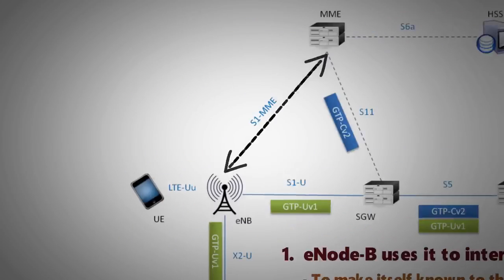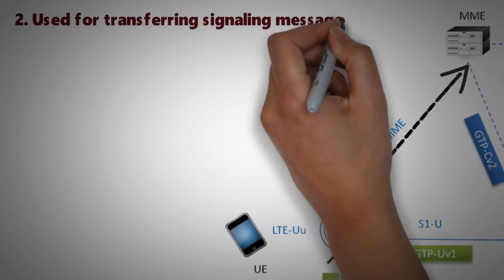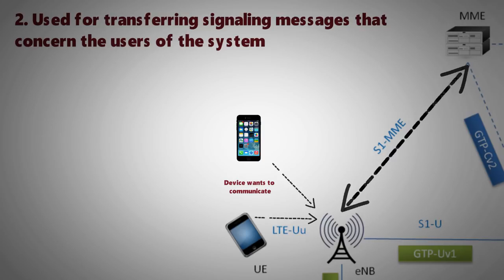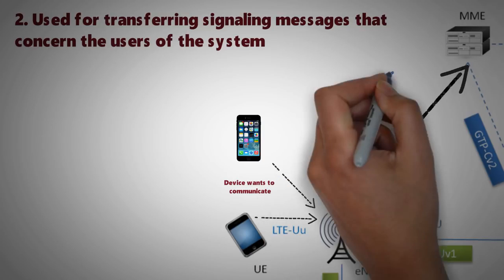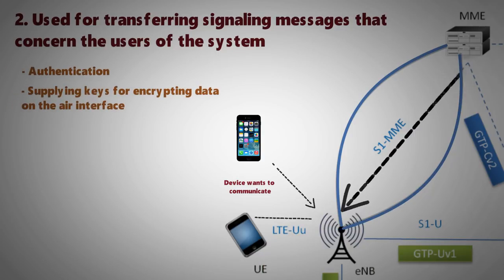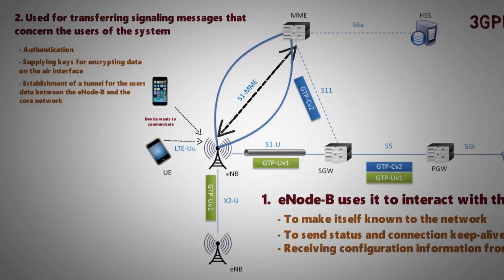Secondly, the S1-CP interface is used for transferring signaling messages that concern the users of the system. For example, when a device wants to communicate using the LTE network, an individual logical connection has to be established, and the core network is responsible for authentication, for supplying keys for encrypting data on the air interface, and for establishment of a tunnel for the user's data between the eNode B and the core network.